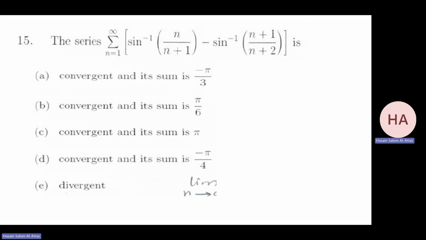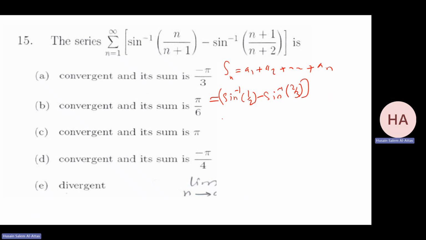Sine inverse of this. You want us to do the calculation with this one? I need S_n, which is a1 plus a2 plus a3 and so on. That gives me a1, which is sine inverse of half minus sine inverse of 2 over 3.